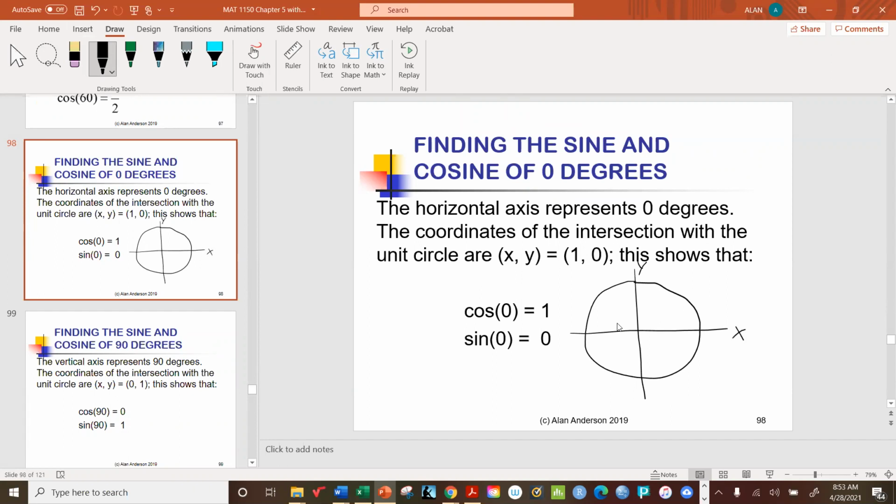So in that case, the XY coordinates would be right here. And remember, X is the cosine and Y is the sine. So it should be clear that because this is a unit circle, the coordinates of this point are 1, 0, and that implies, therefore, that the cosine of 0 is 1, and the sine of 0 is just 0.